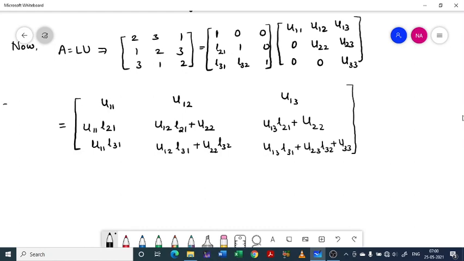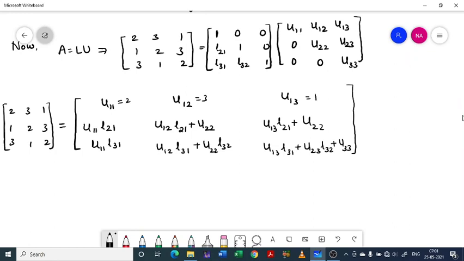And on this side, what I have to write? 2, 3, 1, 1, 2, 3, 3, 1, 2. You have to compare entries on both sides. You will get U11 equal to 2, U12 equal to 3, U13 equal to 1.